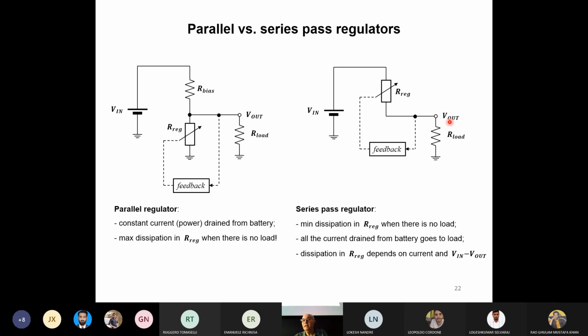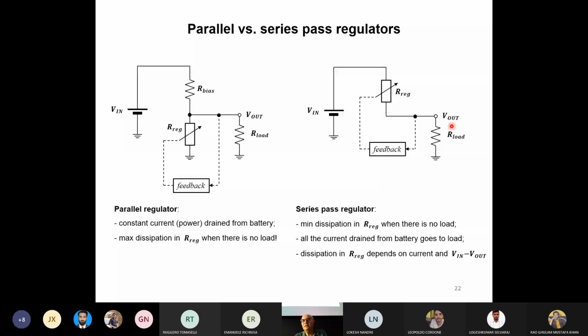Okay. In this case, you see that actually you are consuming power only if the load is attached. Then we have to do some calculation about how much dissipation we have here or here. In general, for a given current, the higher the input voltage and the lower the output voltage, the higher the dissipation here.